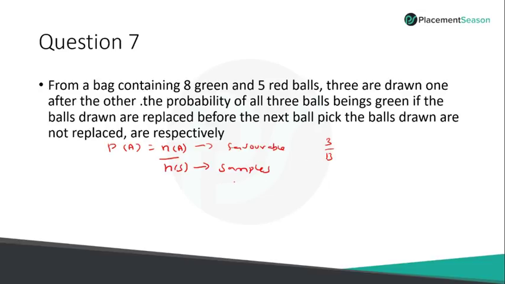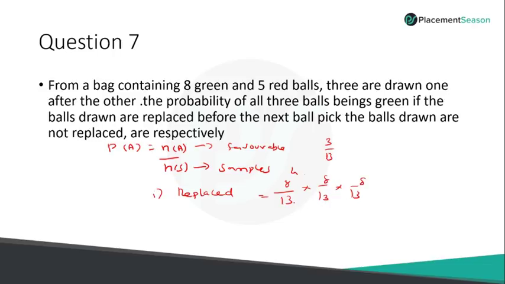And look at the 3 balls being green if the balls are replaced before the next ball. So first we have to calculate for replaced. The original ball is replaced. So in that case, how many balls are there in total? 13. So you have to pick green first. Correct? Next 13 by 8, again 13 by 8. Why is it again 13 by 8?